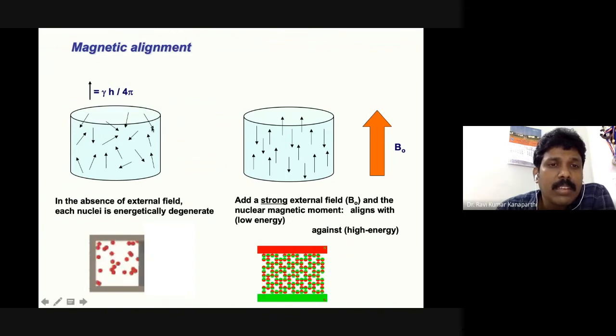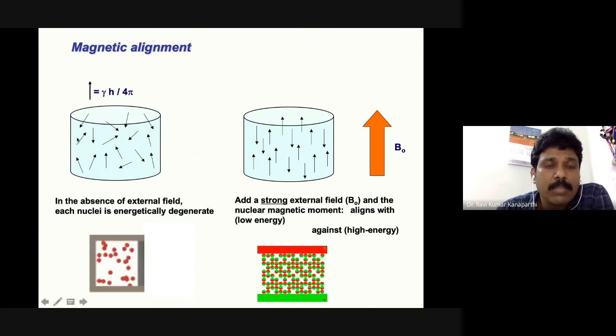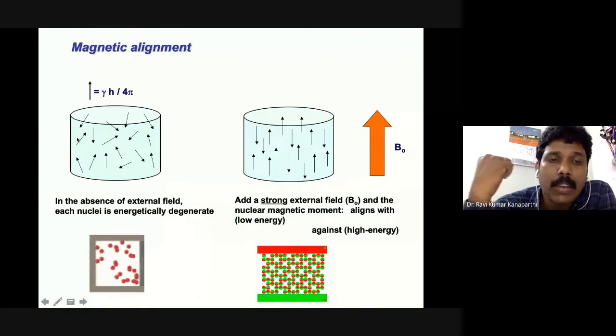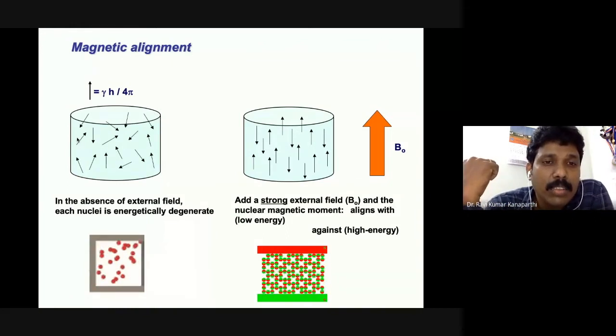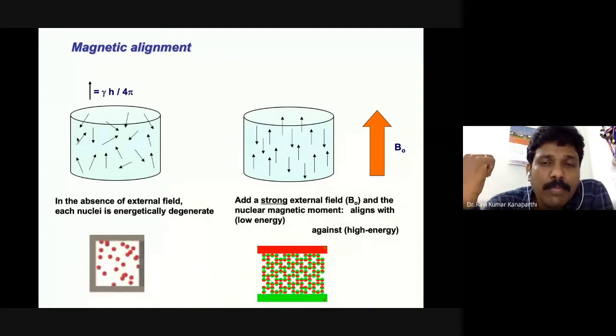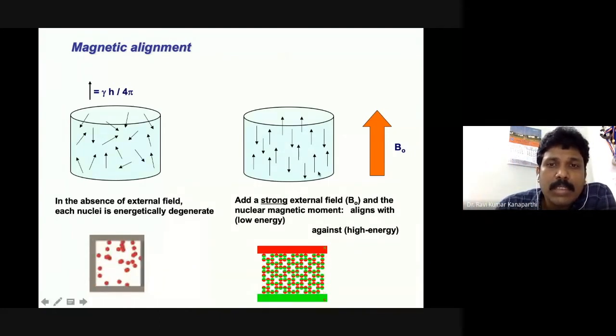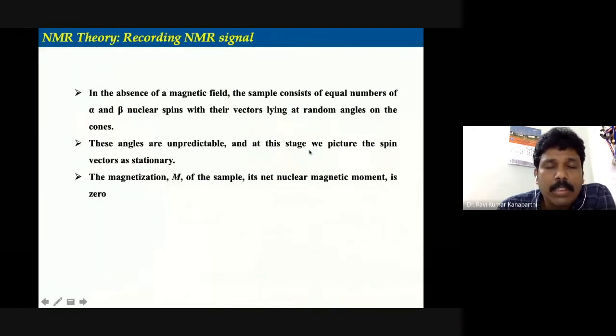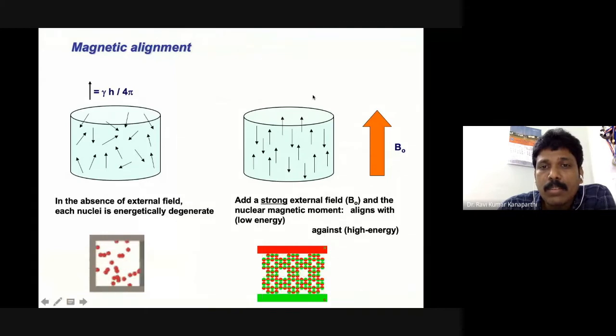You can see here the nuclear spins are shown with arrows, and these arrows are, as you can see, randomly arranged in a given volume. And the moment you place them in the external magnetic field of strength B0, you will see some type of alignment, and most of the nuclei arrange with respect to the applied magnetic field.